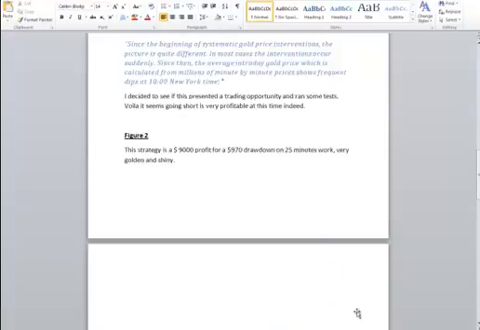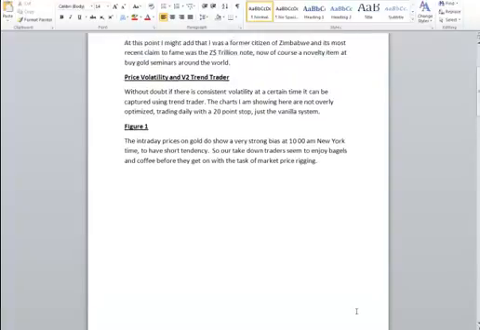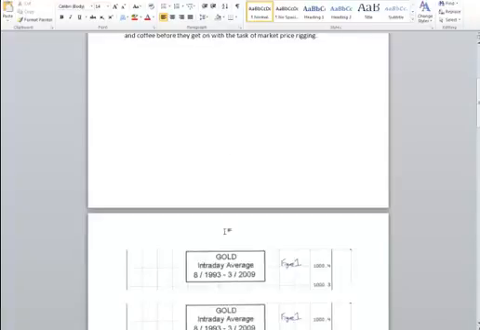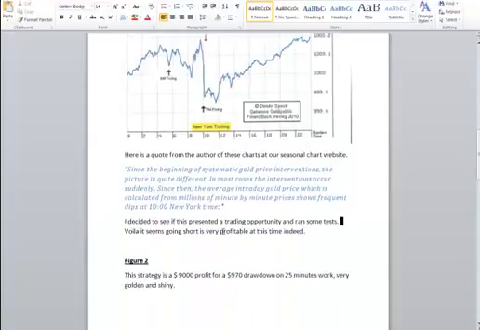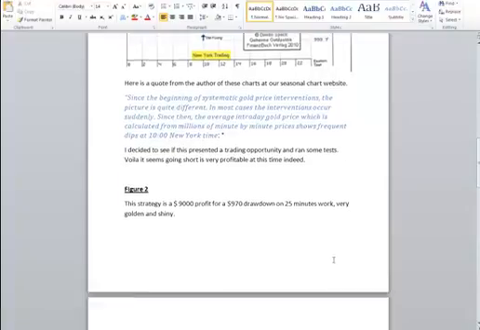And we'll just pull this up here. Let me just grab this here. So using that standard 20-point stop, using the trend trader, trying to capitalize on gold at 10 a.m., you've got a $9,000 profit from a $970 drawdown in 25 minutes of work.